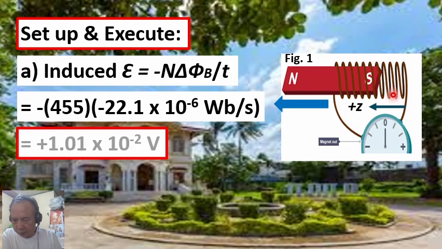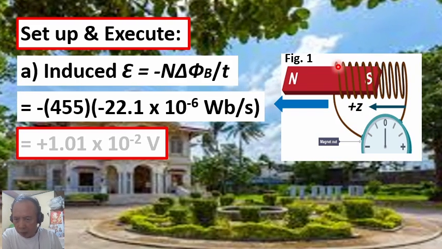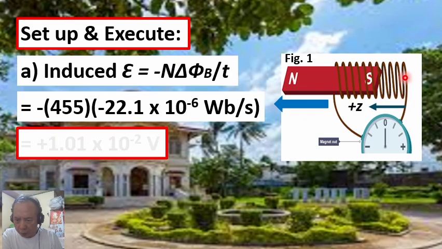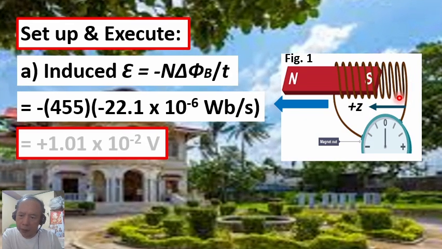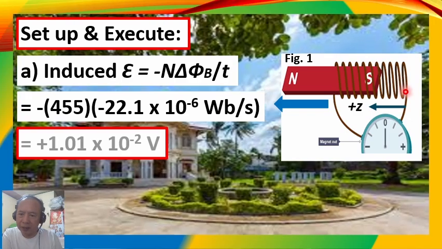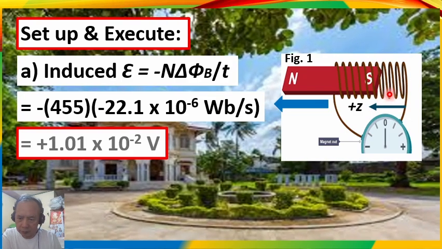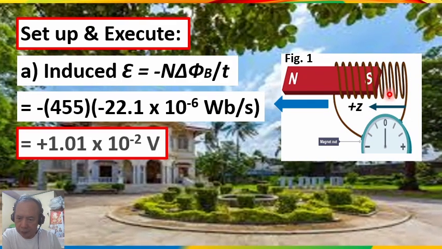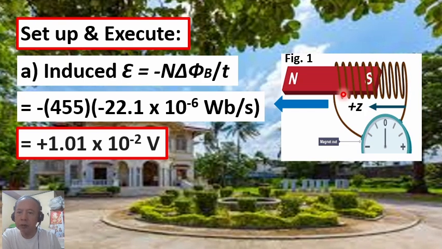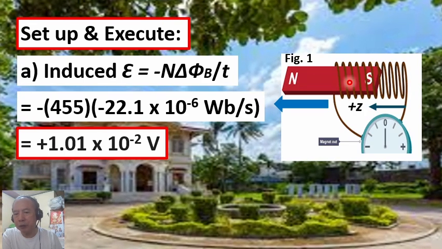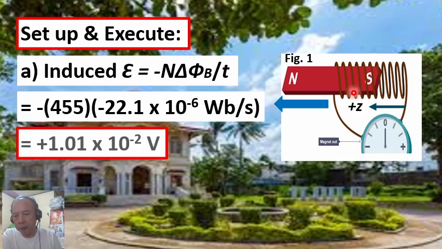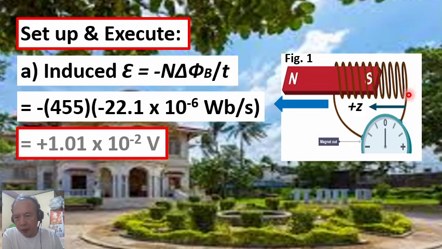You might be wondering, how come the coil was able to, in a way, produce electrical energy? This is simply because of the work done on the bar magnet in withdrawing it from the coil.